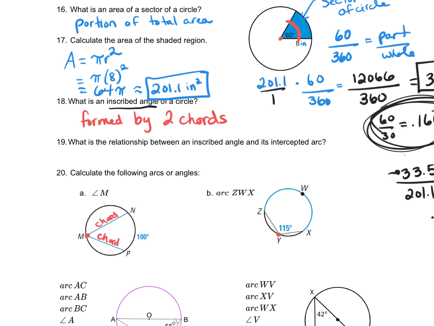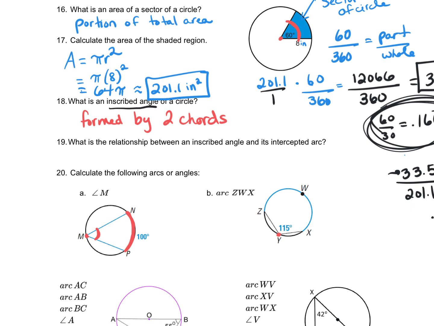Number 19 asks, what's the relationship between the inscribed angle and the intercepting arc? Okay, so if my inscribed angle is here, and the intercepting arc is where the ends of each chord meet.